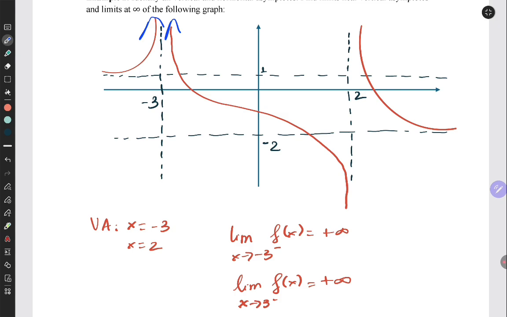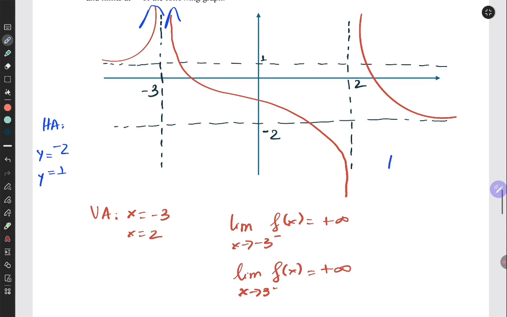Vertical, horizontal asymptote. Negative 2 and 1. But if you write that precisely, what would that be? X equals or y equals? Y equals. Keep that. Okay. Now, the limit when x approaches negative infinity.